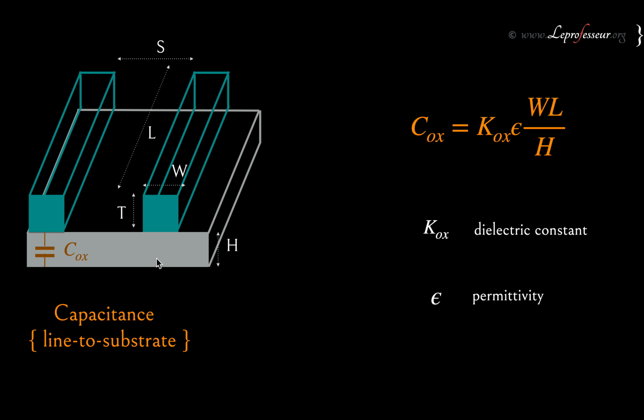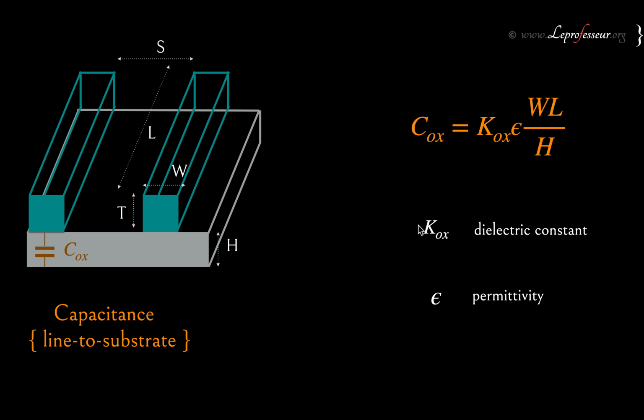Since we have this dielectric substrate, or dielectric oxide, it is called line to substrate capacitance, and it is approximated with this formula: Cox equal to Kox epsilon WL divided by H. H is nothing but the height of this oxide, or, in the analogy with the tabletop, the height of the tabletop.